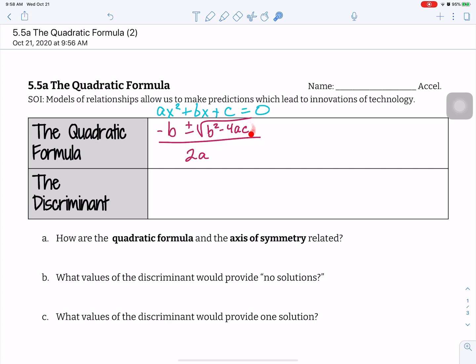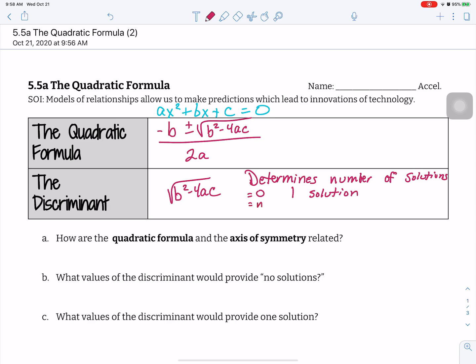This second part here, that's called our discriminant. And that really is going to tell us how many solutions we have. It determines the number of solutions. And as we go through a couple problems solving it, that will make a little bit more sense. So if that whole discriminant equals 0, there's one solution.